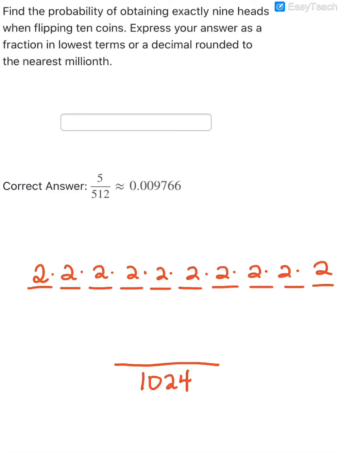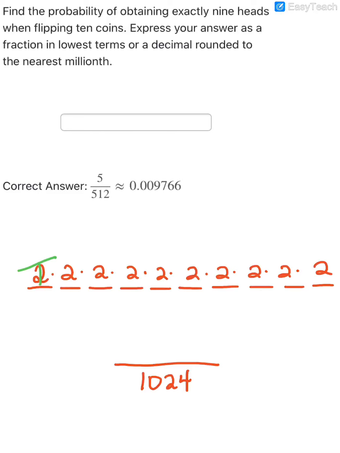So what we're looking at is what's the probability that we get exactly 9 heads. Now, when you think about that, that's the same as saying you get exactly 1 tail. And to me, that's easier to think about as opposed to exactly 9 heads. So what I think about is my 1 tail could be in the first position, so that's one way.